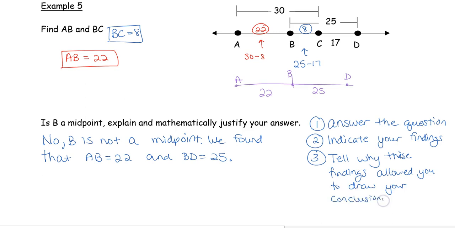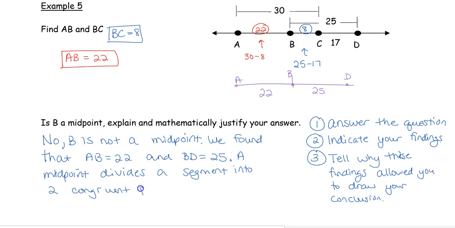We said no. Why did we say no? No, B is not a midpoint. We found that AB is 22. We found that BD is 25. What does that mean? The question is asking about a midpoint. A midpoint divides a segment into 2 congruent pieces.